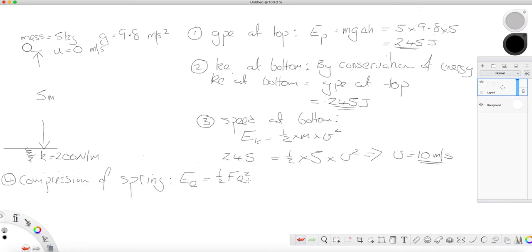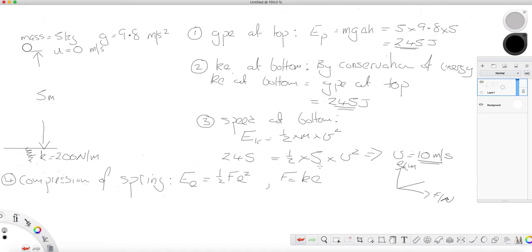We don't have the force, but we do know from Hooke's law that F equals K times E. If you remember Hooke's law, we drew a graph of extension against force, and we got a straight line through the origin.